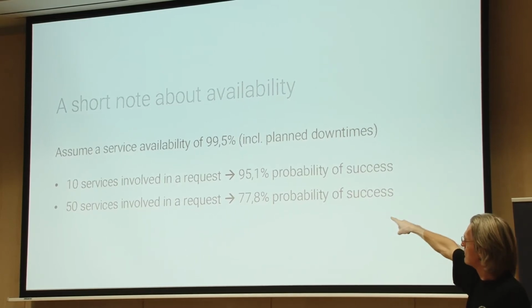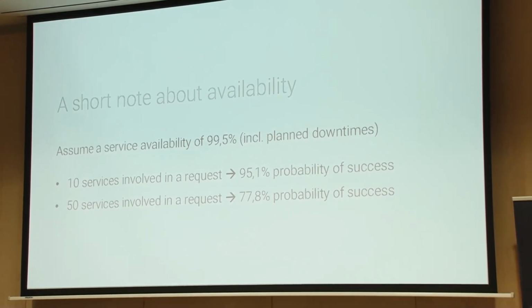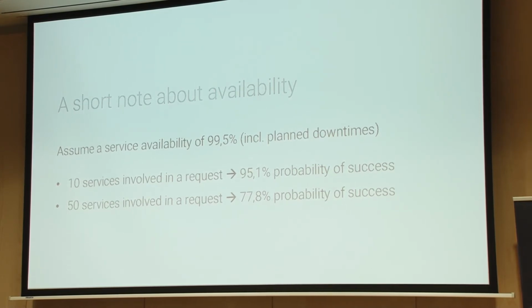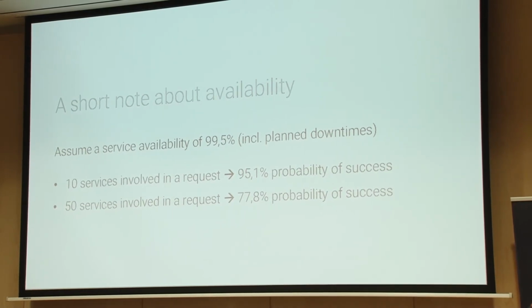And if you have 50 services involved, you're down almost to 75%, which means every fourth transaction breaks on average. And again, it will break whenever you need it the most to work. That's for sure. The only thing which is sure and not deterministic in a distributed system is Murphy. Murphy is strong in distributed systems, and he will haunt you whenever you can use it the least.